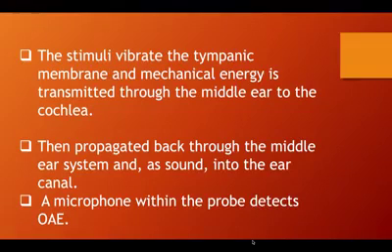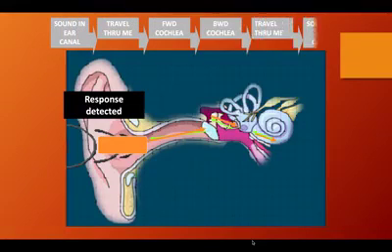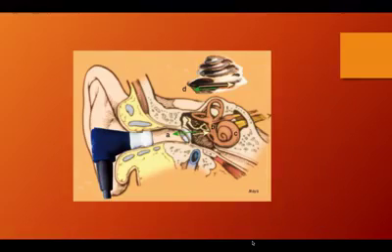A microphone within the probe detects the otoacoustic emission. This is how the otoacoustic emission response is detected. This is a probe of the otoacoustic emission in the outer ear.